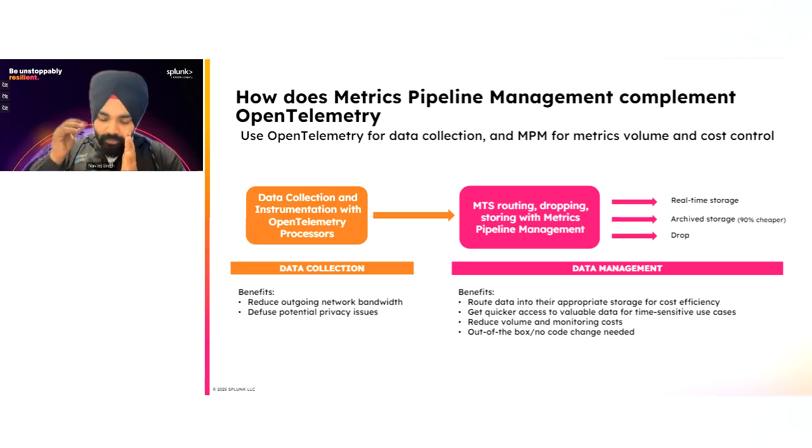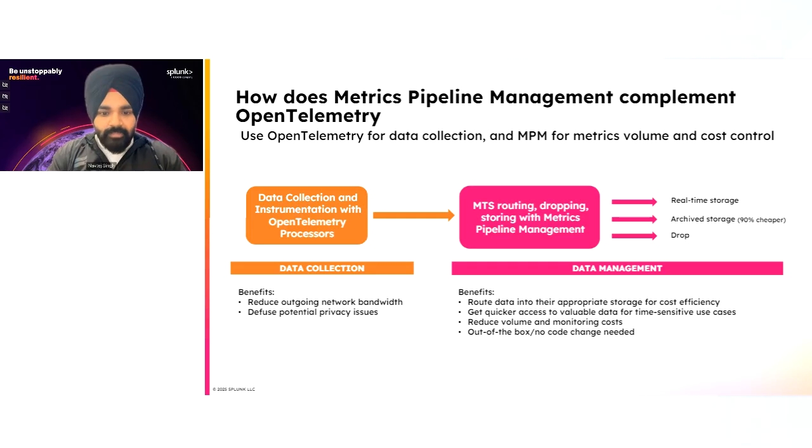So if you're sending a data point right now, you will be able to see it in the chart within 10 seconds. You can reduce the volume and monitoring cost within the product. That is one of the greatest benefits of having metrics pipeline management within the product. And since it is available to everyone out of the box, there's no code change needed, no asking for permissions. It is just there for you to use.